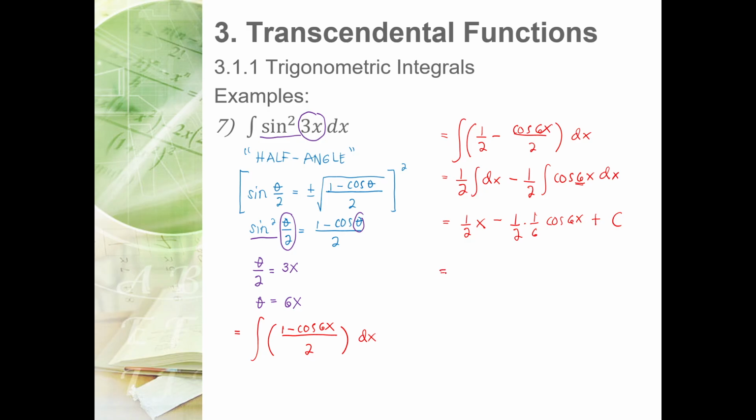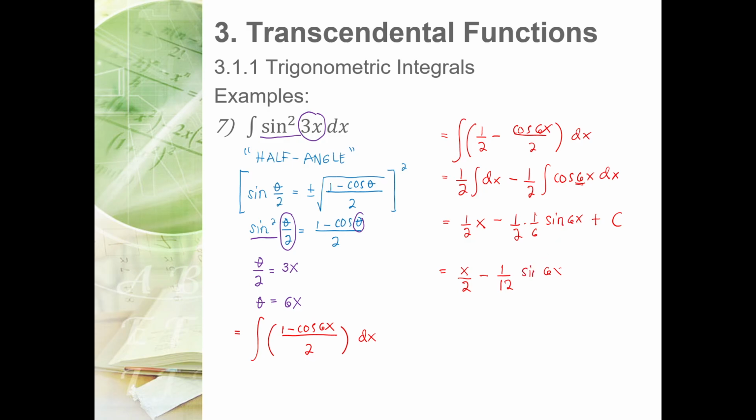So the final answer is x all over 2 minus 1 over 12 cosine 6x. It seems there's a mistake. Since we already got the integral, instead of cosine, the integral of cosine is positive sine.